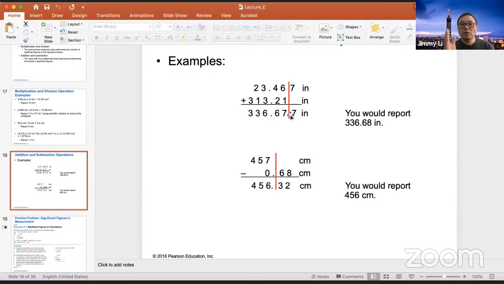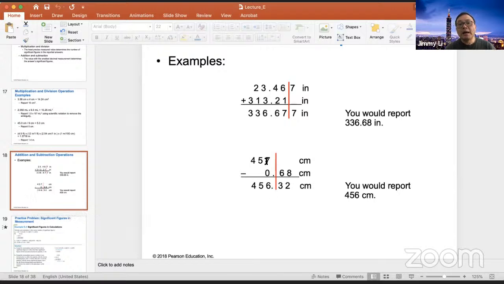When the number is a 5 or higher, which in this case is 7, just advance by 1. I am not going to require you to do the even number rule or odd number rule, so stick with the easy rule here. Less than 5, 4, 3, 2, 1, drop that. 5 or higher, just advance by 1. Just to make it easier here.